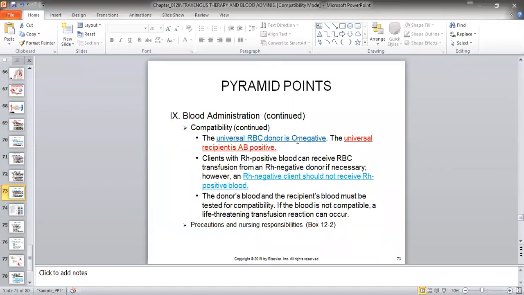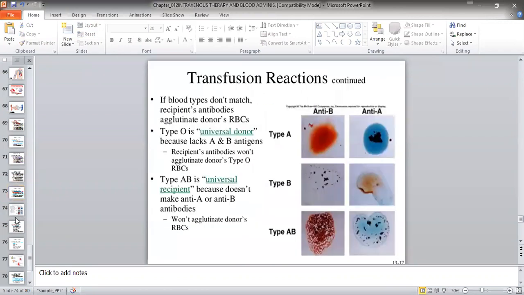Keep in mind, the major blood types are A, B, AB, and O, right?